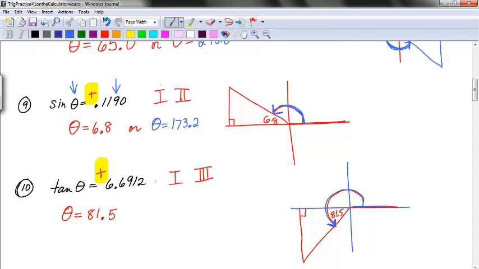So what do I have to do on the calculator? Yeah, add 180. So we already have the 81.5 on the calculator, so just go plus 180. Okay, so our other angle, our other theta, is 261.5. Okay. Any questions on that one?